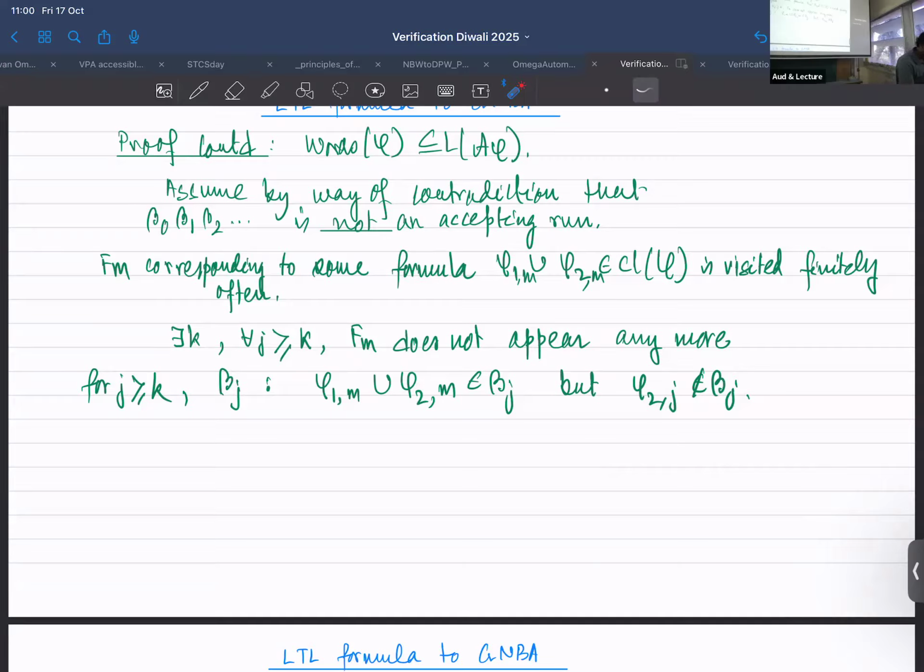So now by the definition of the beta j's, what does it mean?